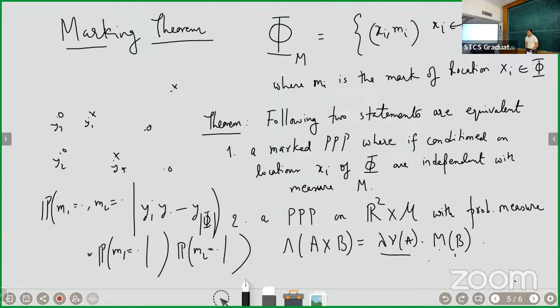So what are the possible marks? There are two possible marks, -1 or +1. You can put -1 as removing it, +1 as keeping it. So what is the second statement? Now what you need to utilize is the second statement. Instead of looking at marks on the first statement, in the second statement we should think of R2 by M. We just look at a single process on R2 by M, where you're essentially suppressing all points where the mark was minus.